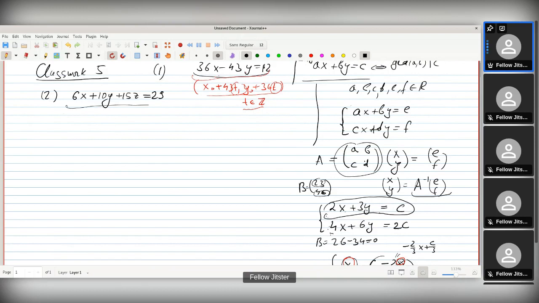But here we have how many equations? How many variables? 3 variables, x, y, z. Isn't that clear? Clear. Yes. 3 variables, one equation.